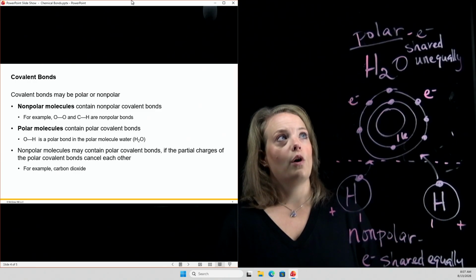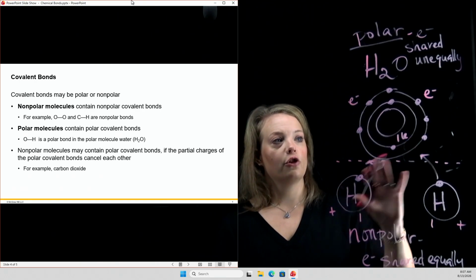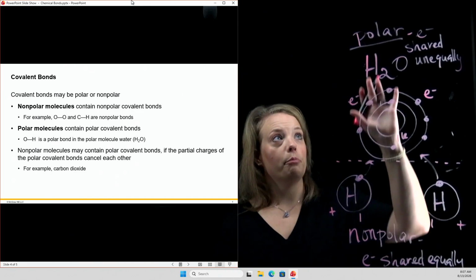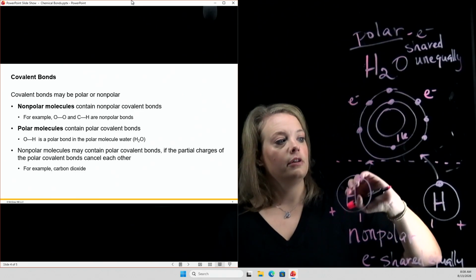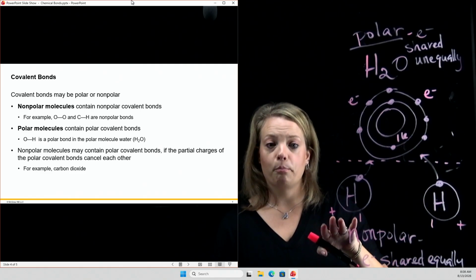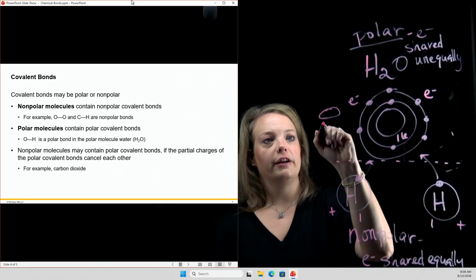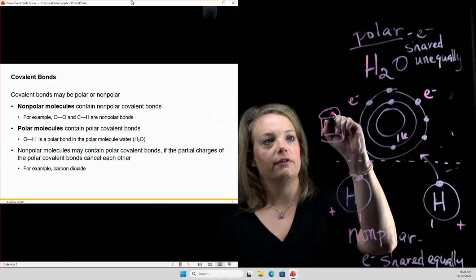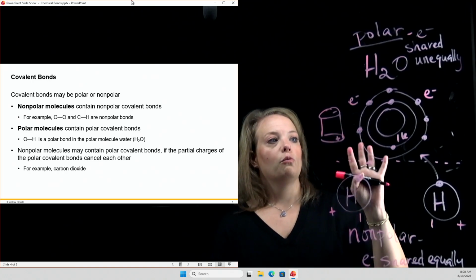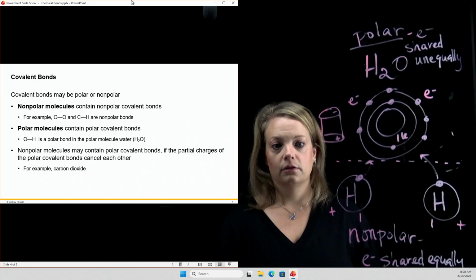So this is the reason why atoms that are creating a polar covalent bond are called polar, because they end up creating a polar molecule. So when we say pole, we mean opposite ends. Just like a battery has a negative and a positive end, or poles, a water molecule is going to have a negative and positive end, or poles.